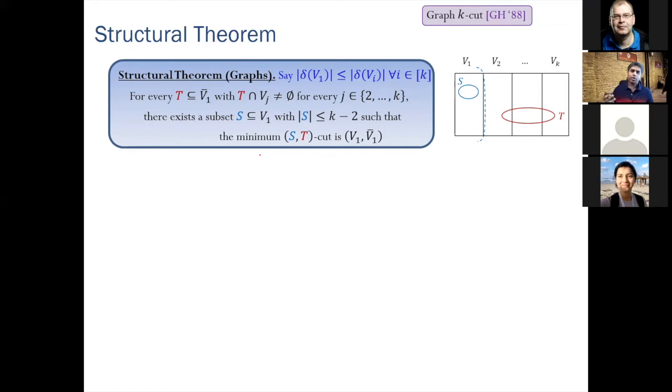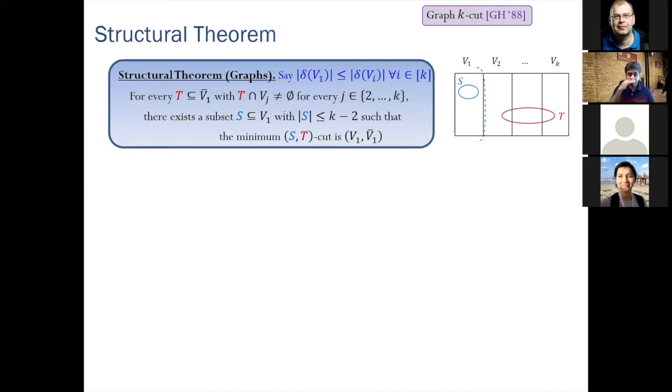Recall that all cut values are distinct. So the minimum ST cut will be unique for every choice of S and T. And this is saying the minimum ST cut is exactly V1, V1 bar. For me, a cut is an ordered pair. There is the source side and the sink side. The first set in the ordered pair is the source side.